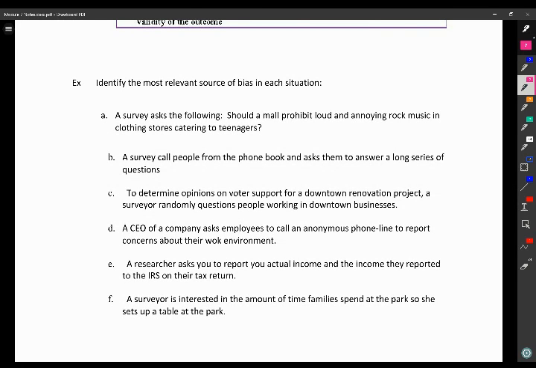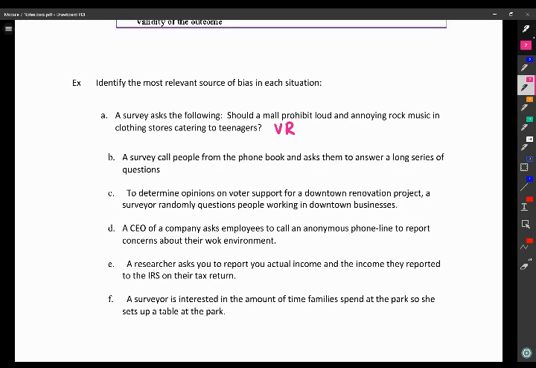So A is going to be a voluntary response bias because depending on who you ask, like if you're asking, let's say, an older person, then they might be annoyed by the rock music. But if you're asking a younger person, then they might like it.